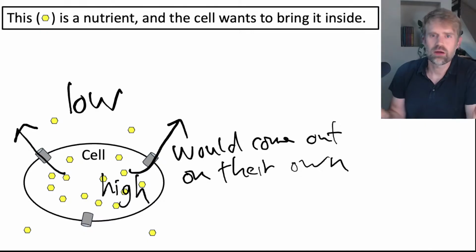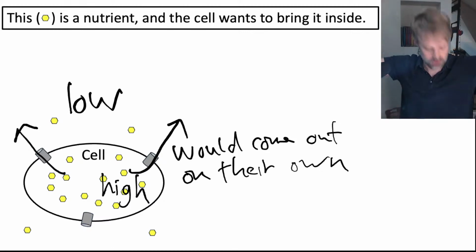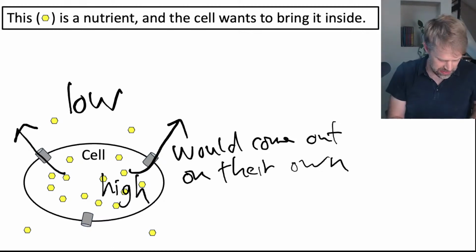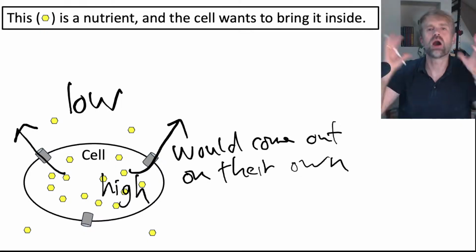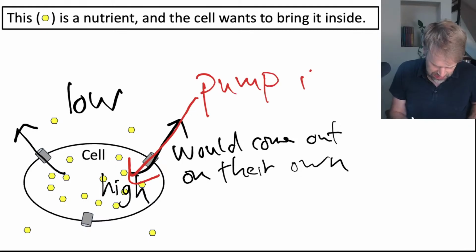What's it going to do? How can it do that? On their own, they move from high to low. They're going to float out of the cell. So what the cell has to do is pump them. It has to pump them in with energy.